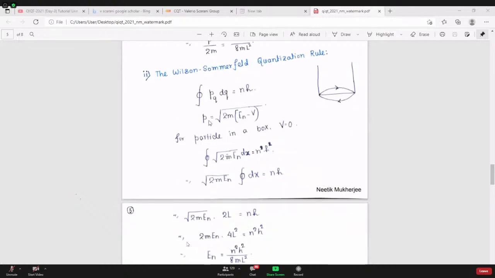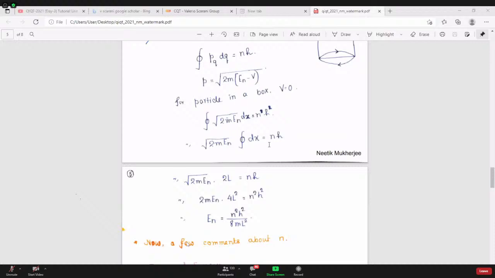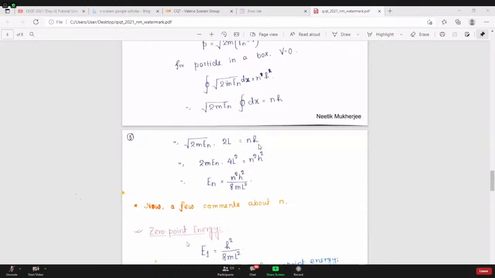We can replace P from the form of energy, root over 2m into E_n minus V, and inside the box V is 0, so it reduces to this form. The cyclic integral of dx is 2L. So again your energy reduces to n squared h squared by 8mL squared.